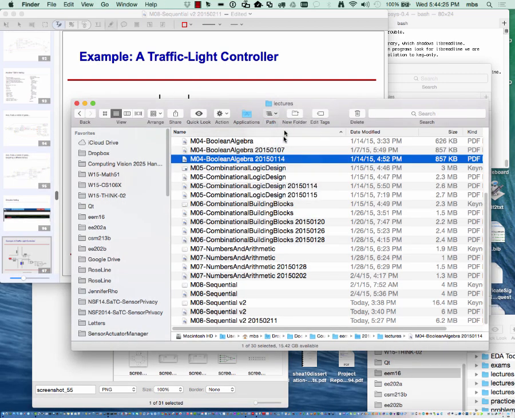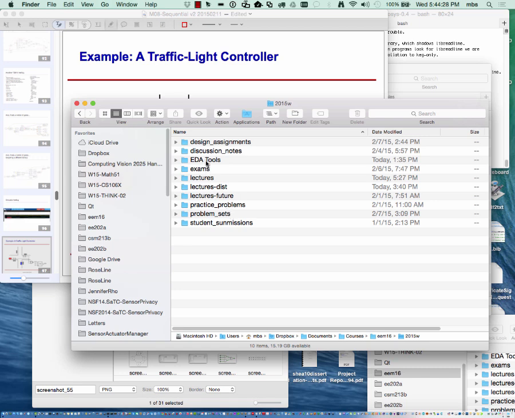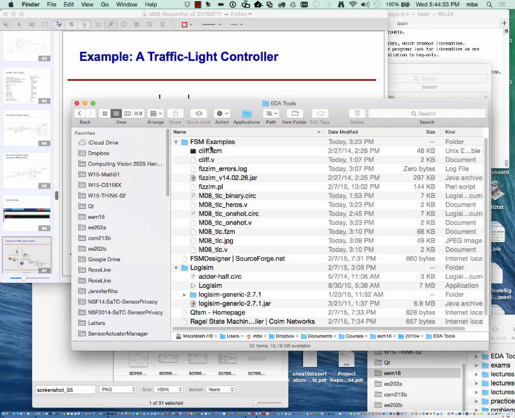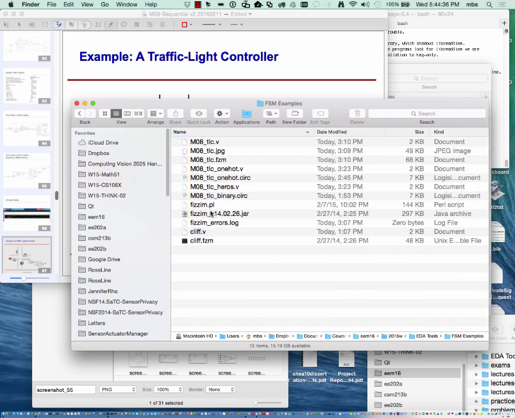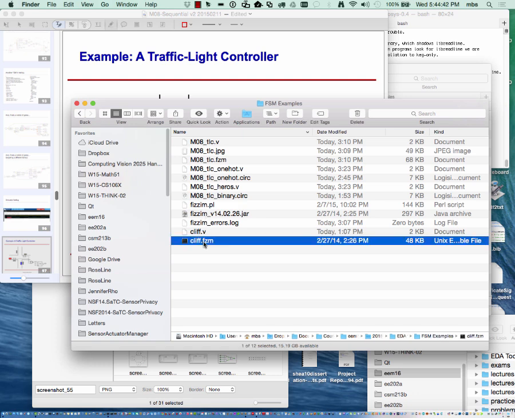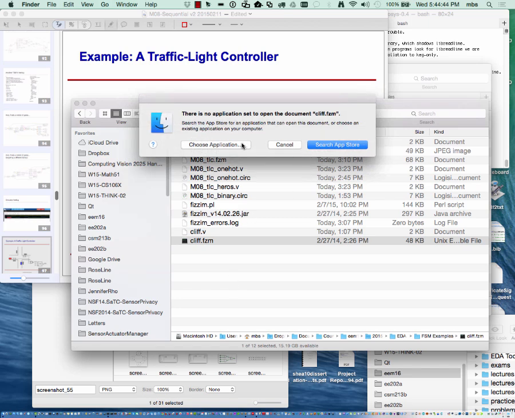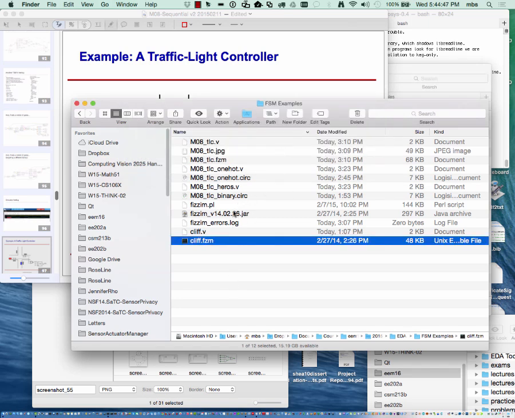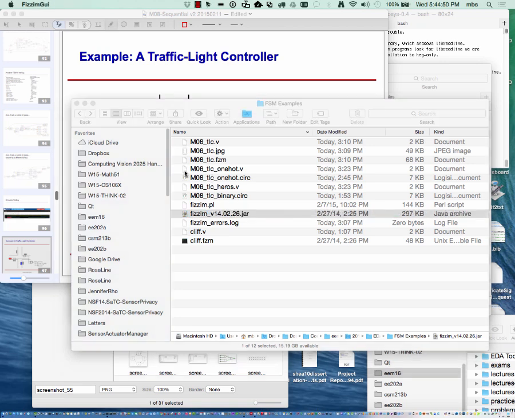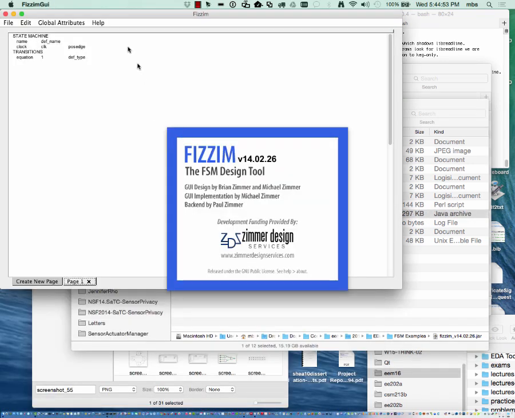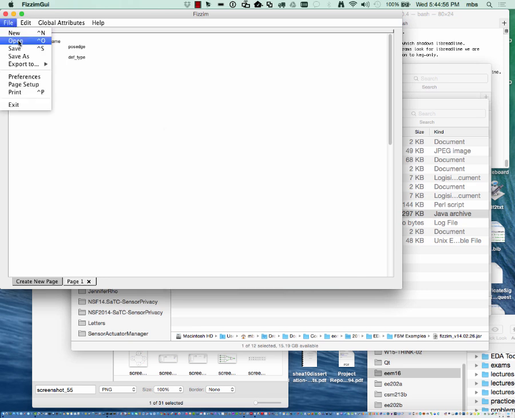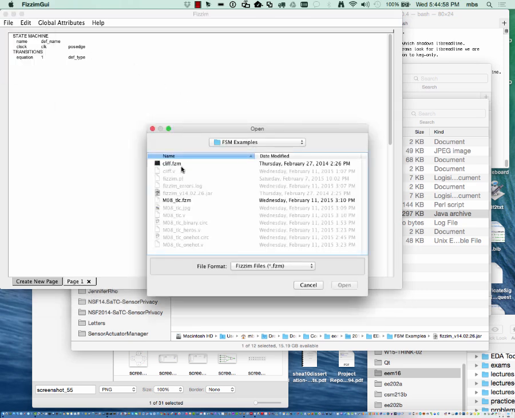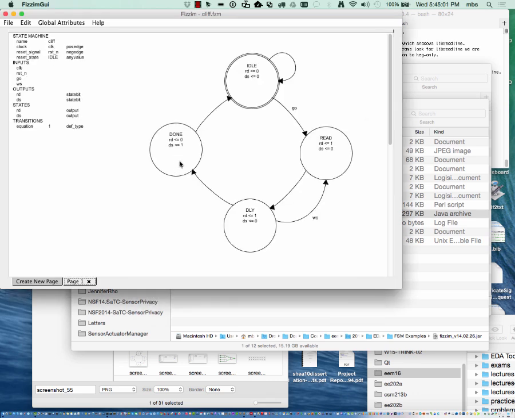But let me show you how the FISM part at least works. Okay, so this tool called FISM. As you see out here, this is the same example I was using in my slides.